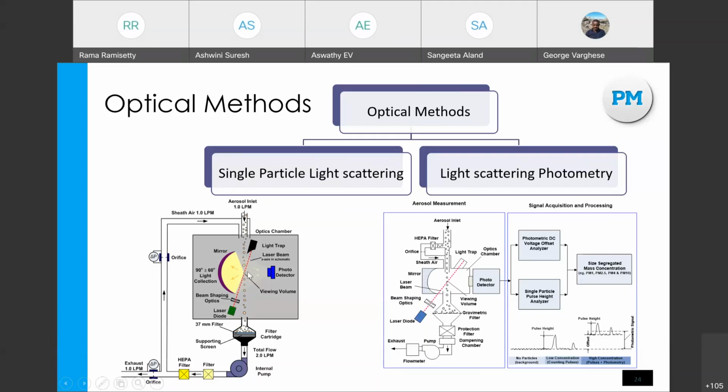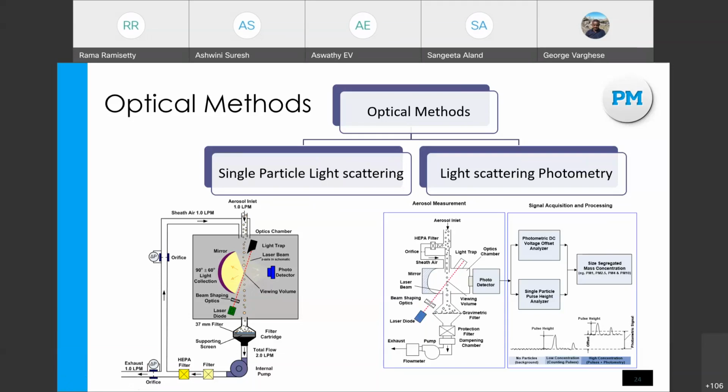The light scattering is detected by the photometer, and based on its intensity we can tell whether it is a 1 micron, 2 micron or 10 micron particle. So this counts every single particle and then converts it into mass.